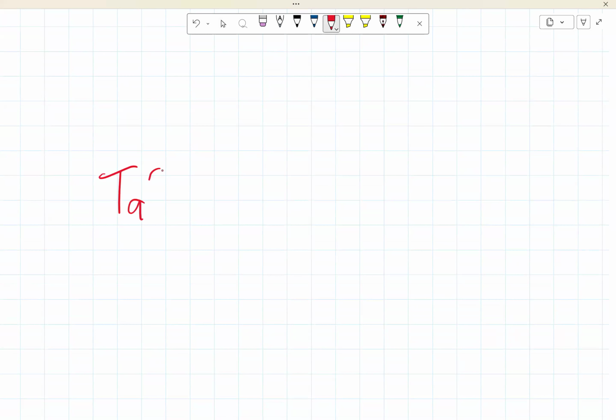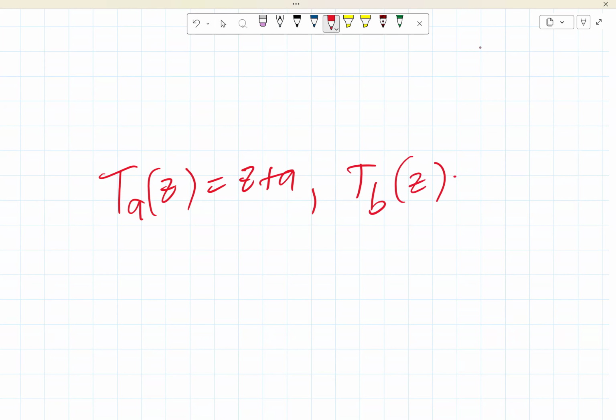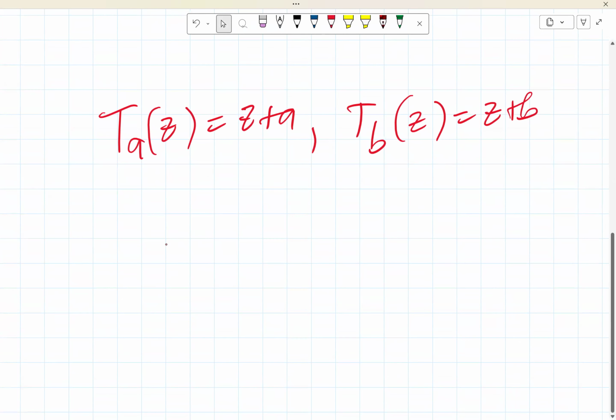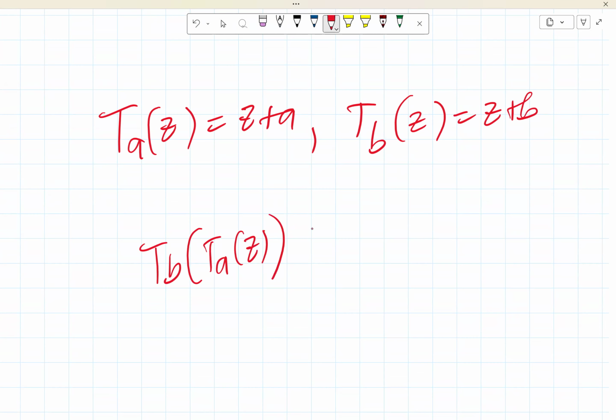So you have T sub a of z, which is z plus a, and then you have T sub b of z to be z plus b. And now we want to deal with T sub b of T sub a of z. So what it simply means is that this is T of b composed with T of a of z.